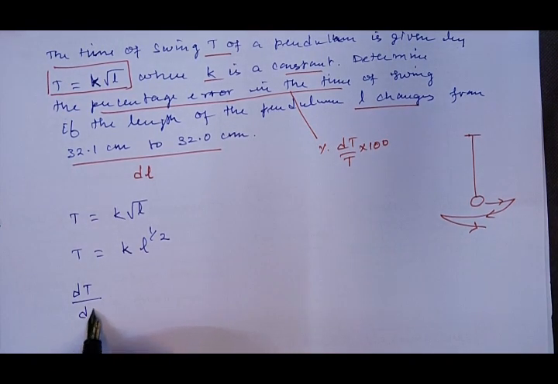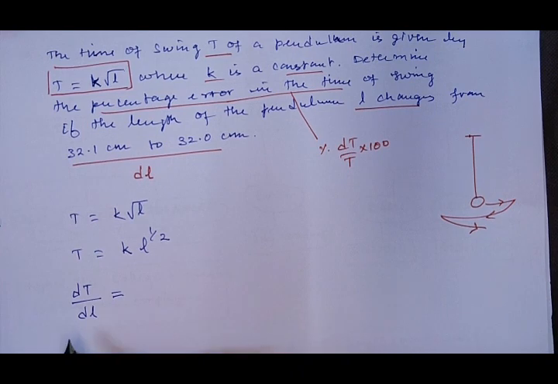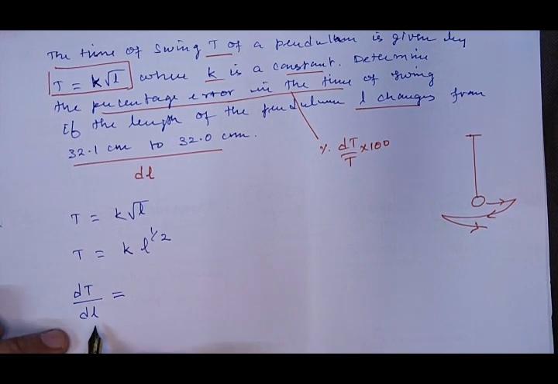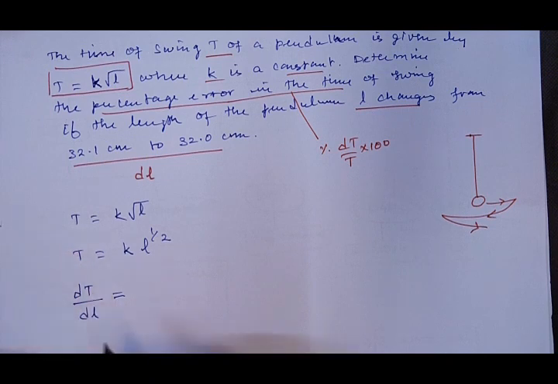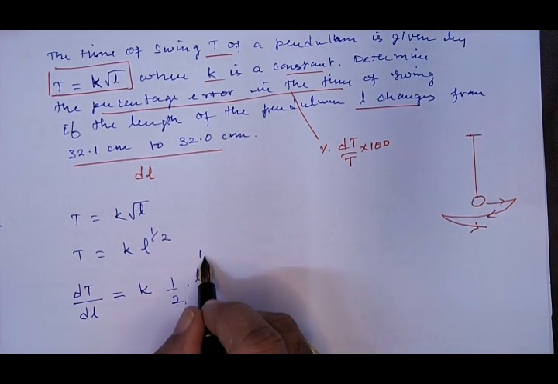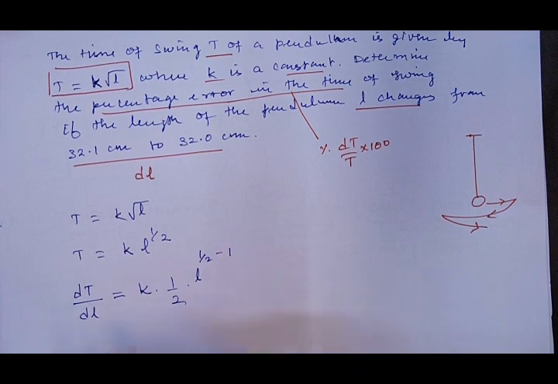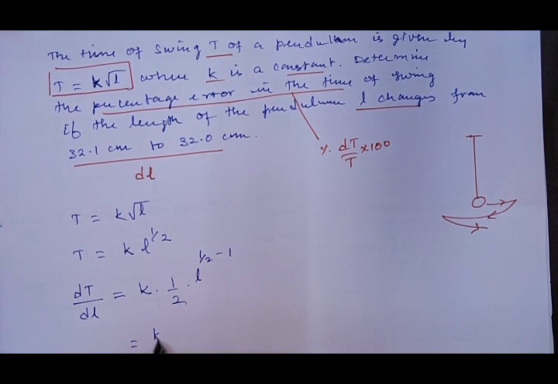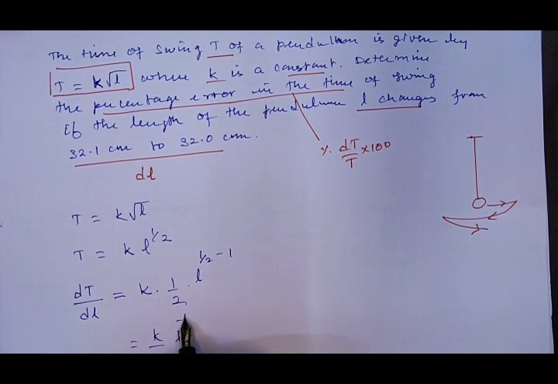So dt by dl, because that change is going to happen with respect to L. Of course, k is constant, and this is 1 by 2 into L power half minus 1. So that is equal to k by 2 into L power minus half.